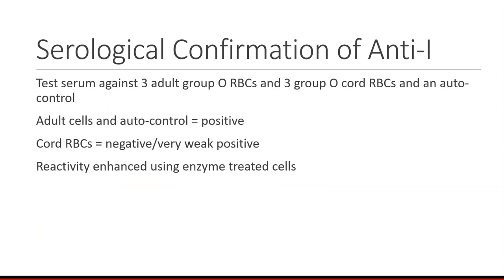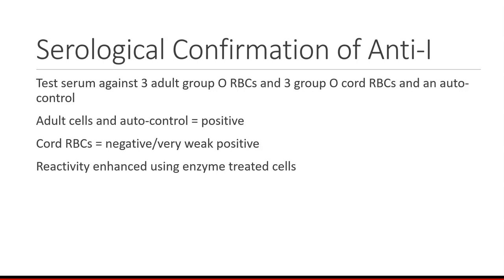We've talked about this before, but I want to again refresh. I'm hoping by the repetitive nature of some of this information that maybe it's making more sense and maybe it will stick better. So how do you confirm an anti-Big I? You want to test the serum against 3 adult Group O RBCs and 3 Group O cord RBCs and an autocontrol.